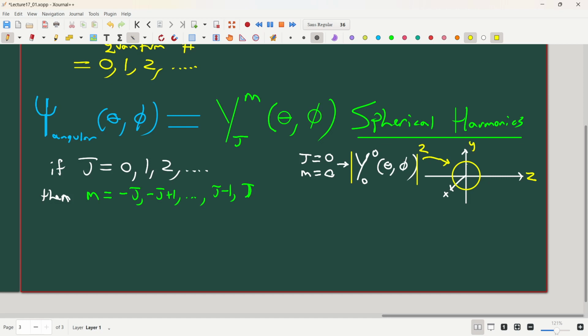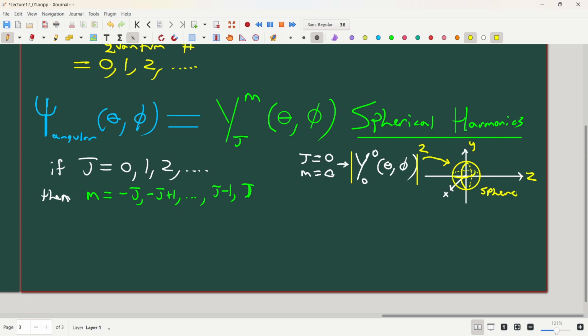So it's spherically symmetric across all, so it's actually a sphere. It's a sphere. Okay, so the lowest energy state of angular momentum, the wave function just looks like a sphere.